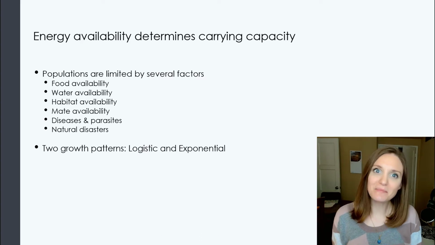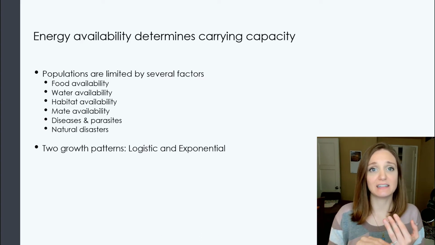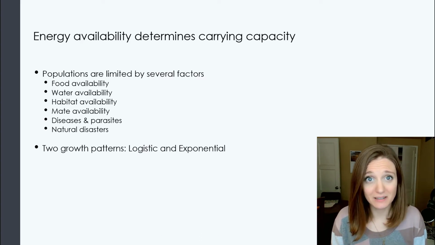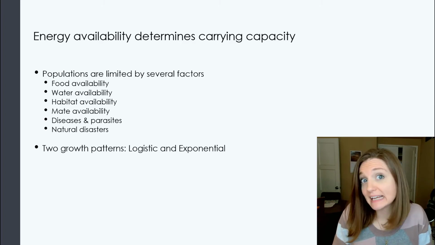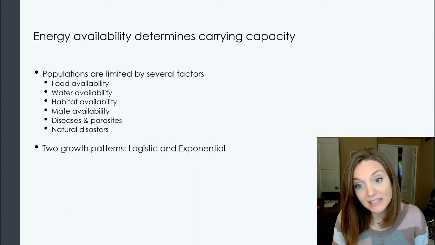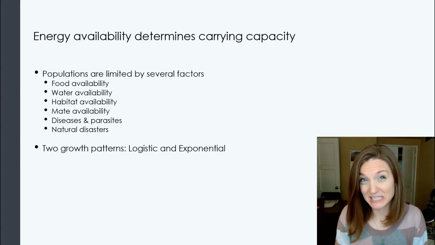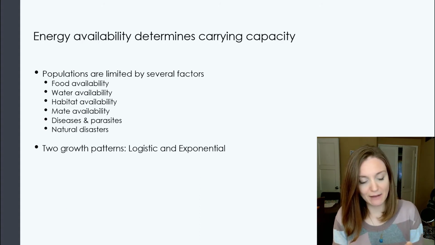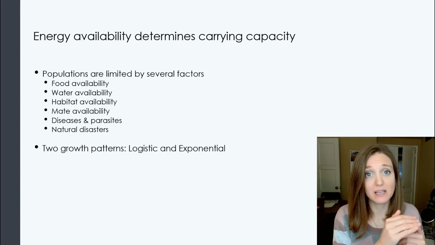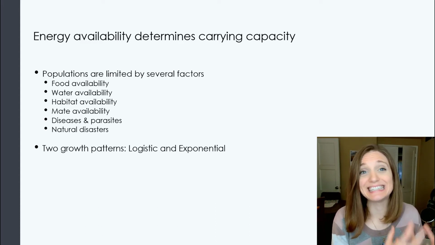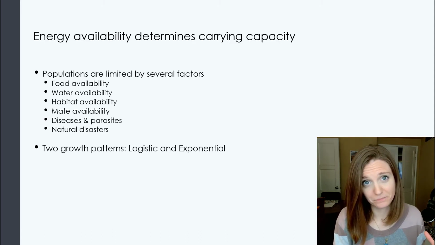So what I mean by that is that things like the availability of food, energy, the availability of water, habitat space, mate availability, diseases and parasites, these are all things that will put a cap or a limit on how many organisms of a given species can exist in that area.